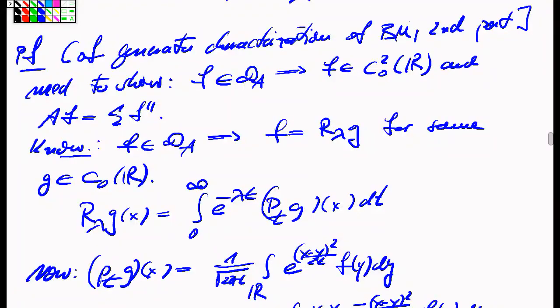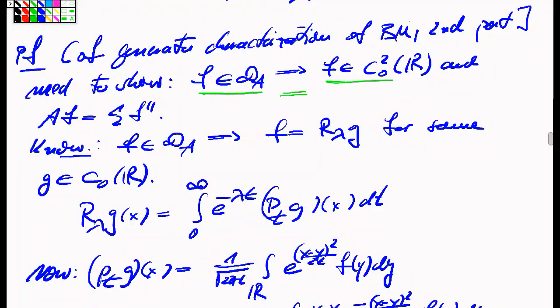After these preparations, we now can come back to the characterization of the generator of Brownian motion, which was not done, which is to show that if we have a function which is in the domain of the generator of Brownian motion, then it must necessarily have this regularity property, namely that it's not just a continuous function which vanishes at infinity, but that it also has first and second derivatives which are continuous and which vanish at infinity.